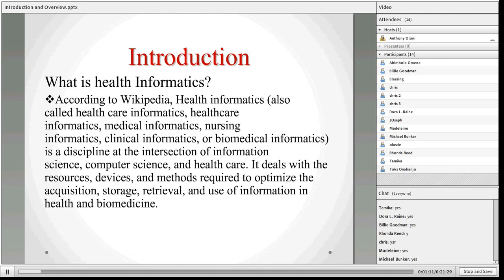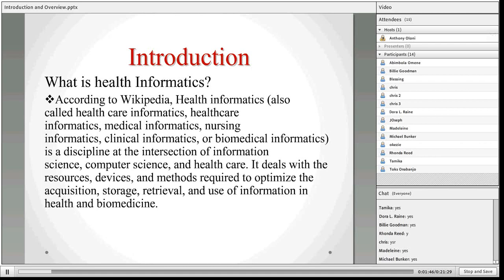Now, what exactly is health informatics? Health informatics is basically the process where we use information to improve the efficiency and the effectiveness of delivering healthcare services. We're using information in conjunction with computer technology. There are various aspects of health informatics. You have clinical informatics, when you're using this information to directly affect the clinical health of patients.